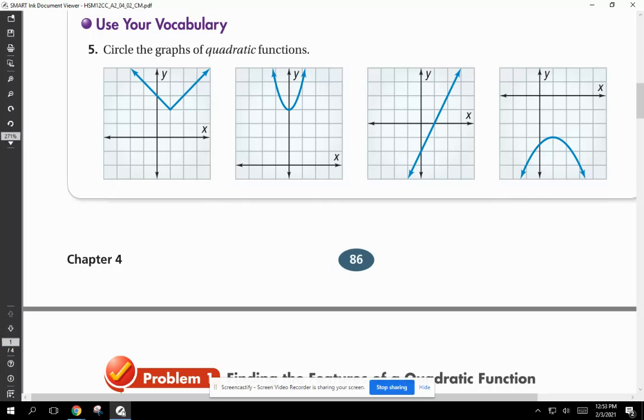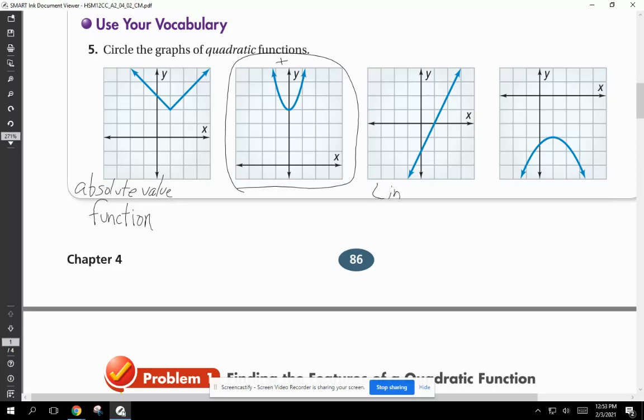Number 2 is correct. This is a positive one, says Caitlin, a positive quadratic function. Number 1 is an absolute value function. This one is one you learn in grade school in Algebra 1.